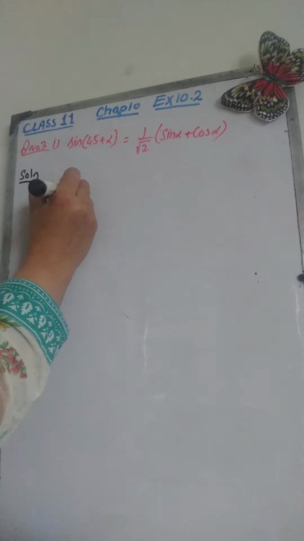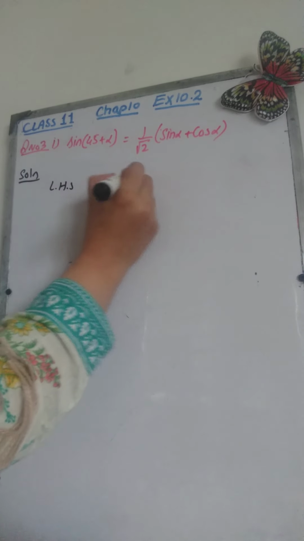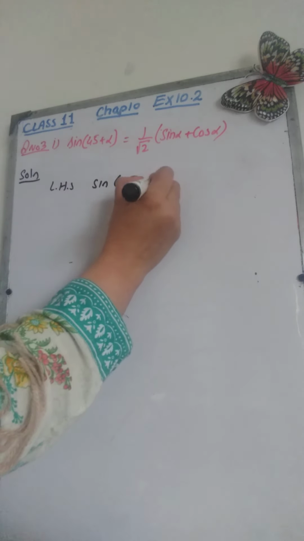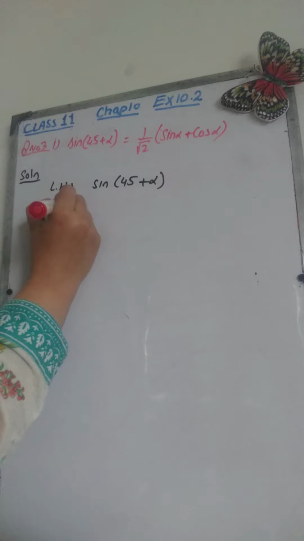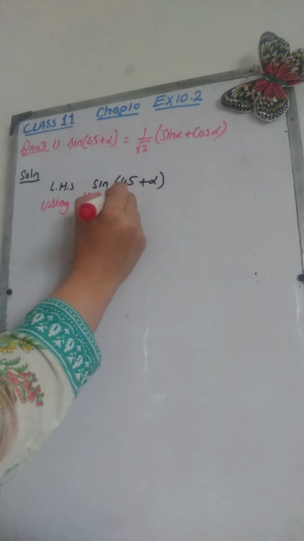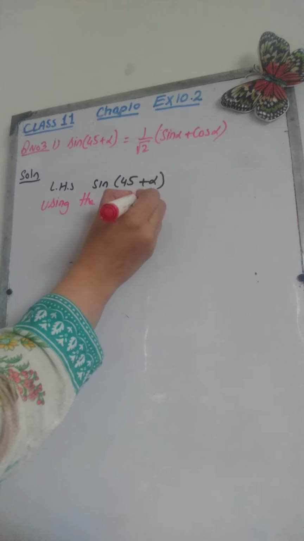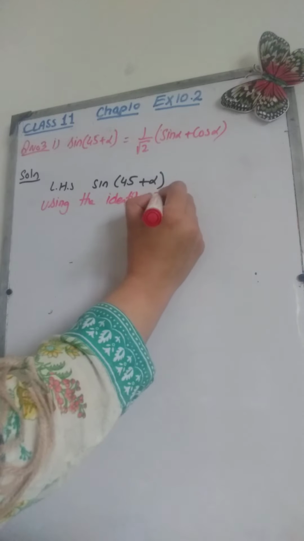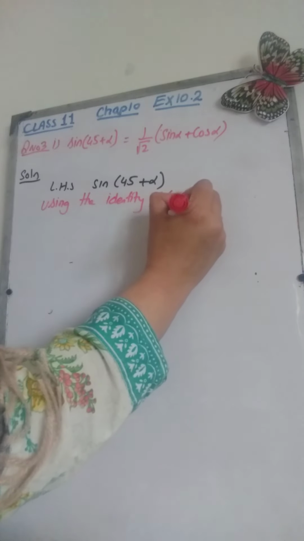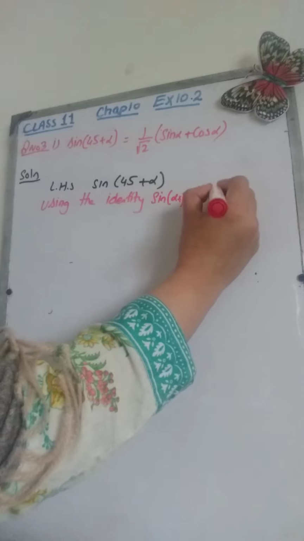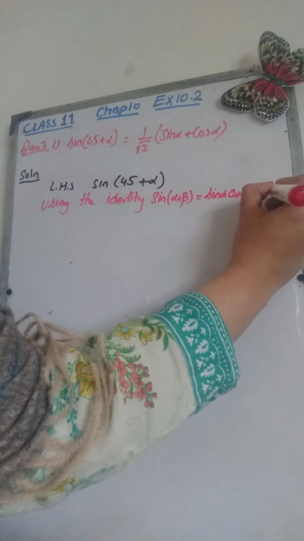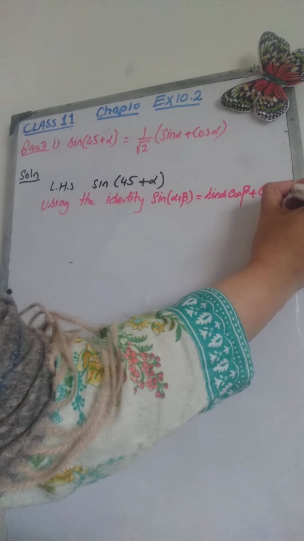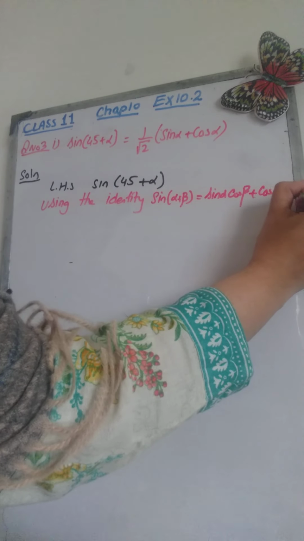We are going to take the left hand side, sine 45 plus alpha. Using the identity sine of alpha plus beta is equal to sine alpha cos beta plus cos alpha sin beta.